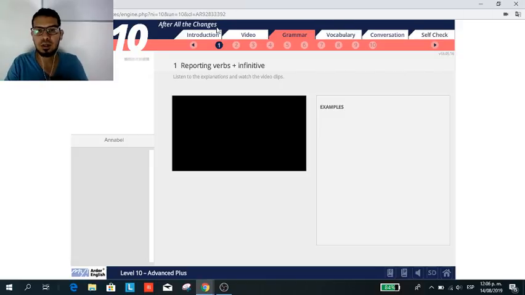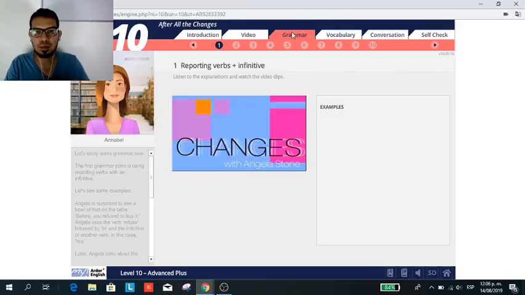Now here we got all these tabs. Let's study some grammar now. The first grammar point is using reporting verbs with an infinitive. Let's see some examples. Angela is surprised to see a bowl of fruit on the table.